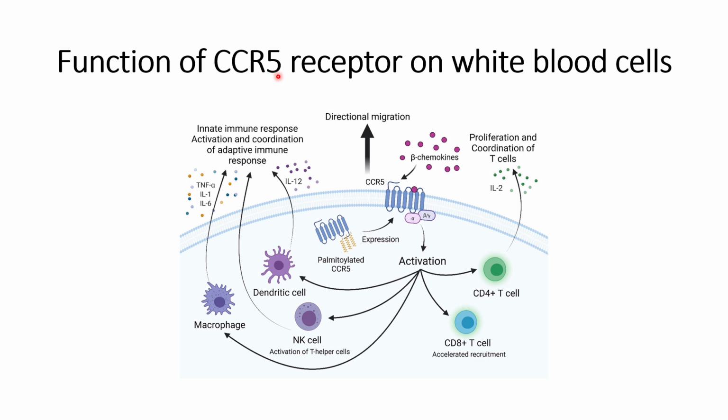So from this we can understand that CCR5 is not only responsible for HIV, but it is also an important part of the immune system of the host. So knocking out CCR5 so far does not seem to be a better idea, as it will reduce the efficiency of the immune system of the host.